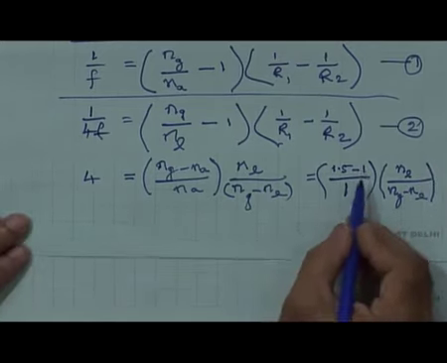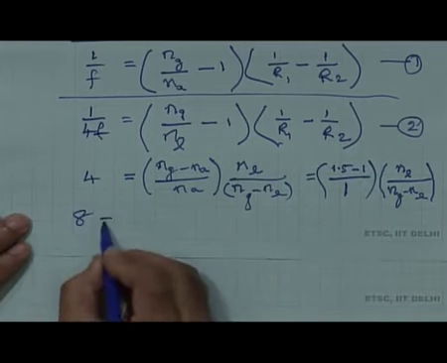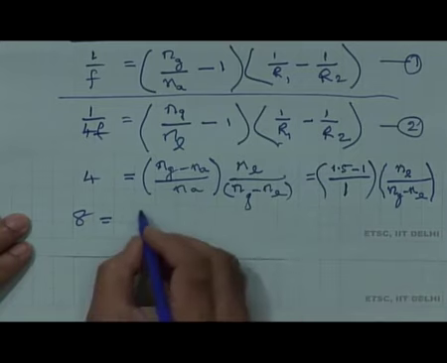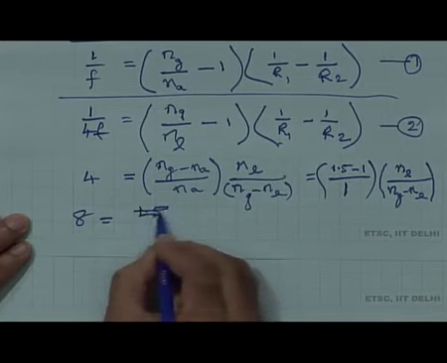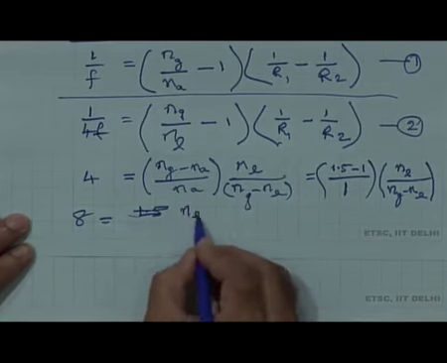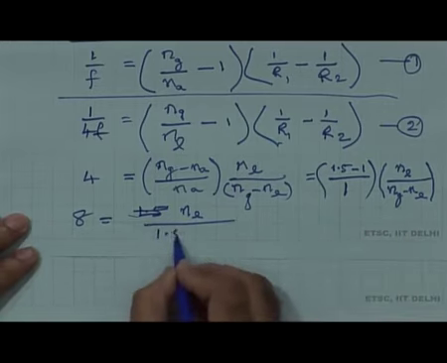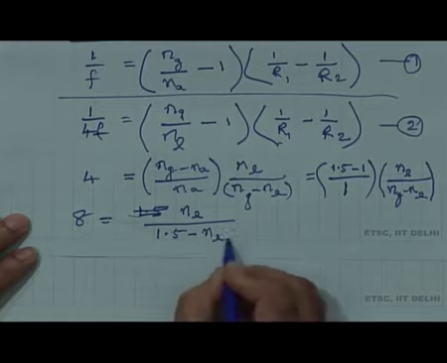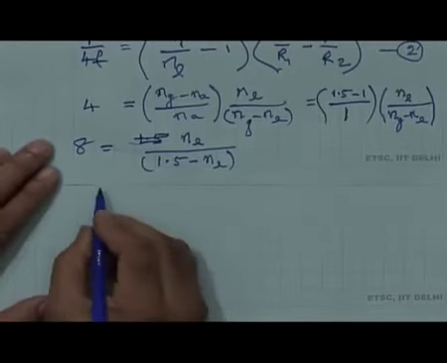So, 0.5 goes to the denominator, this will become 8. 8 is equal to NL divided by Ng, which is 1.5 minus NL.